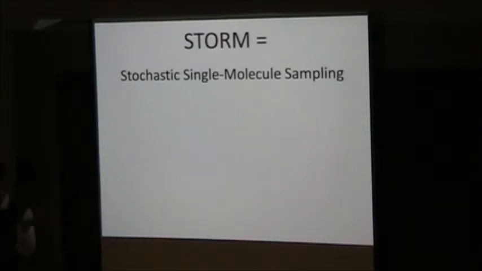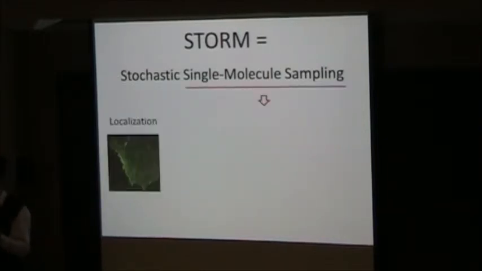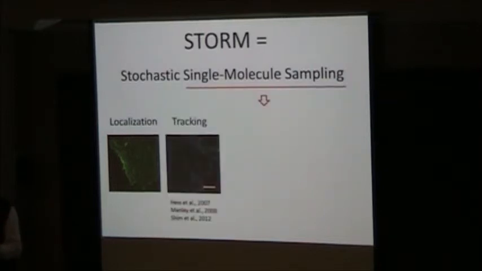It's basically stochastic single molecule sampling. After sampling single molecules, what can you do? You can determine the positions. That gives you the imaging method. That's STORM, PALM, and all the dSTORM, and all these different methods. You can do single molecule tracking. You can do many other single molecule things.